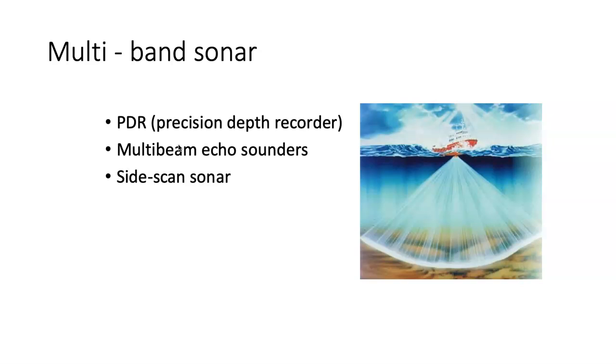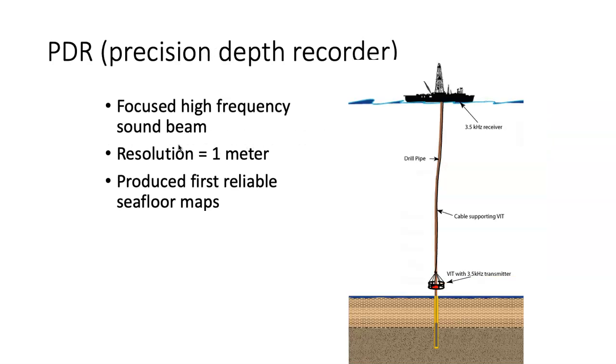Multi-beam sonar gives a more detailed image. It's very precise. And it's not just the area beneath the boat that is mapped. It's anything that the sound can reach. This uses a really high frequency sound, and resolution to 1 meter means this is extremely accurate. You might notice here that the image has a drill pipe.